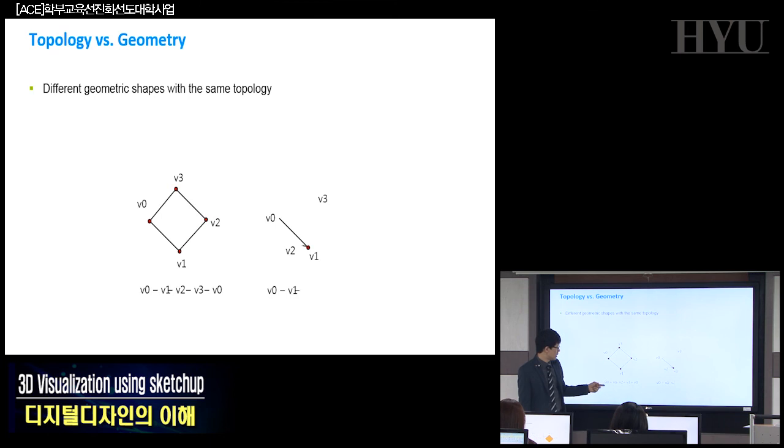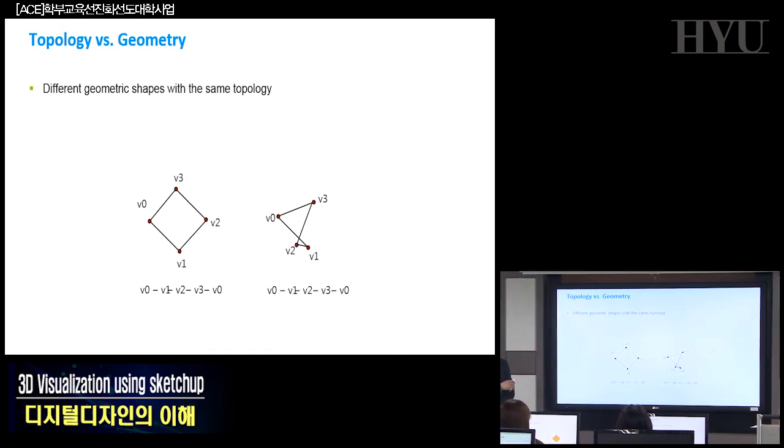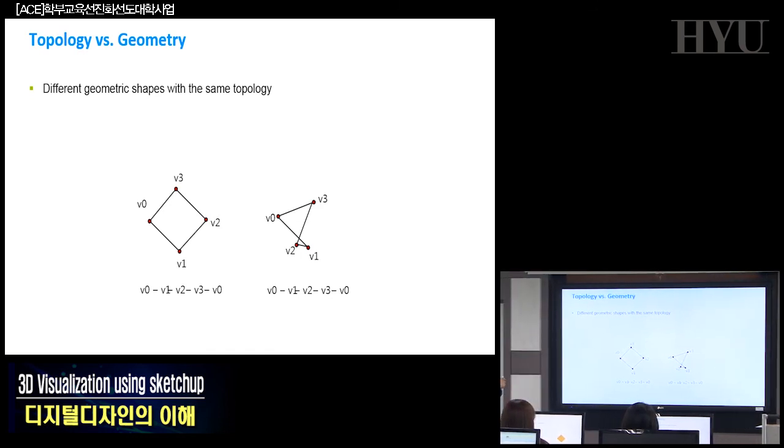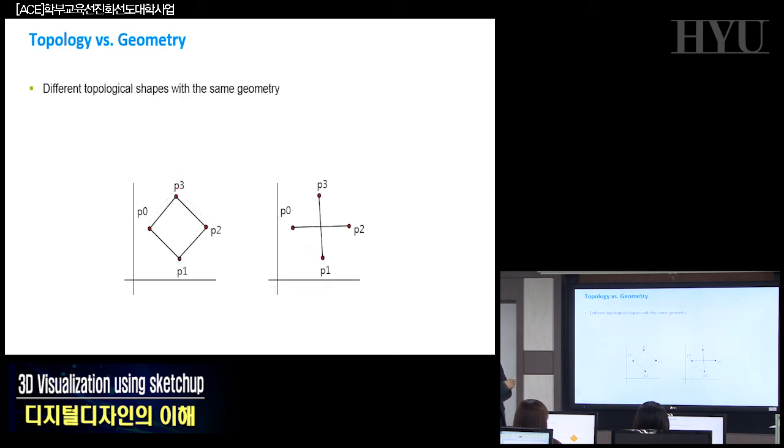How about this? Same relationship, same topology, but because of different locations, coordinate system, they look totally different, right? But the topology is the same, okay? But different geometry.